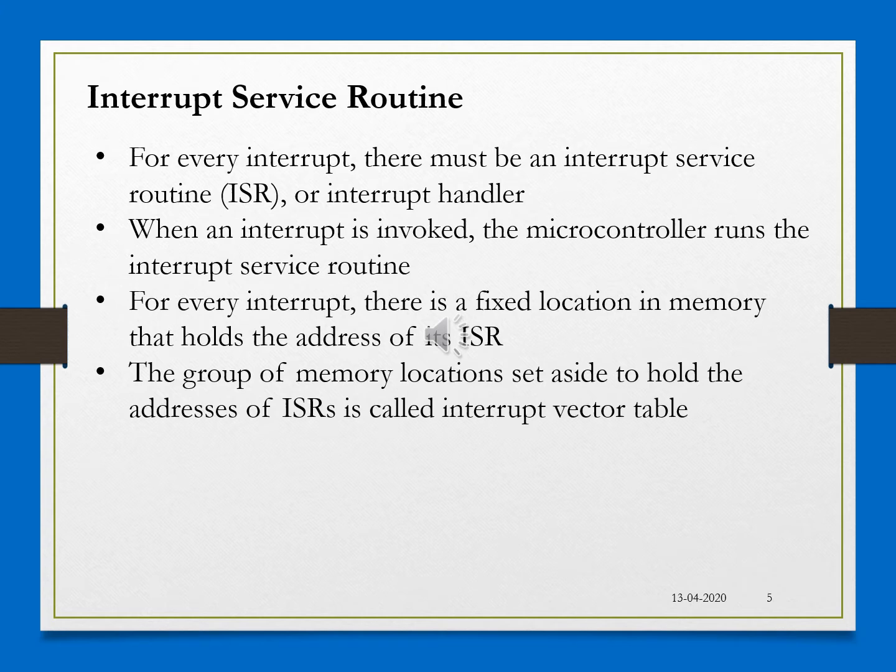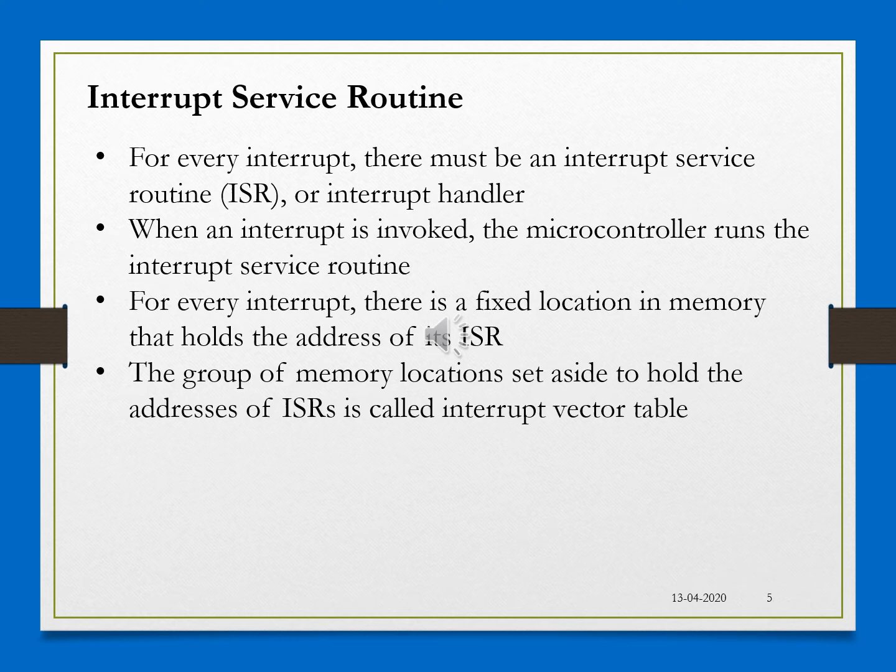All right, so as mentioned earlier, for every interrupt signal, there has to be an interrupt service routine, also called interrupt handler. When an interrupt is invoked, the microcontroller executes the ISR. For every interrupt, there is a fixed location in the memory that holds the address of its particular ISR.